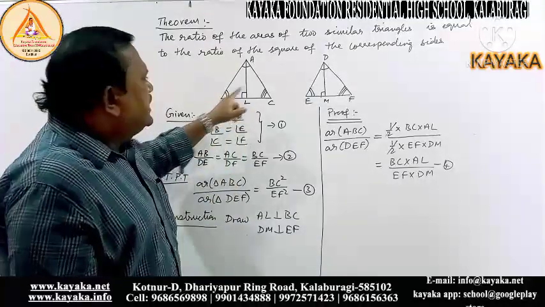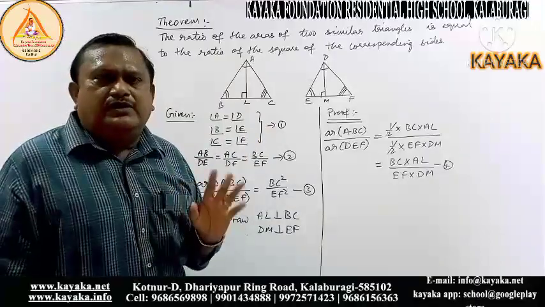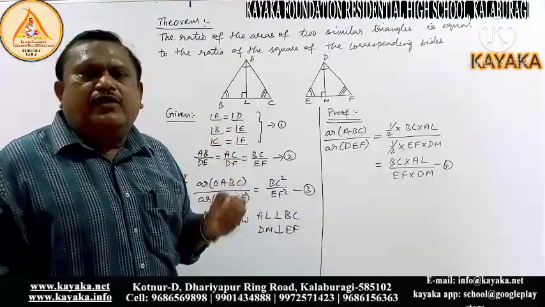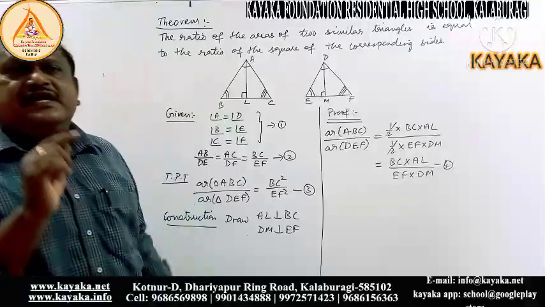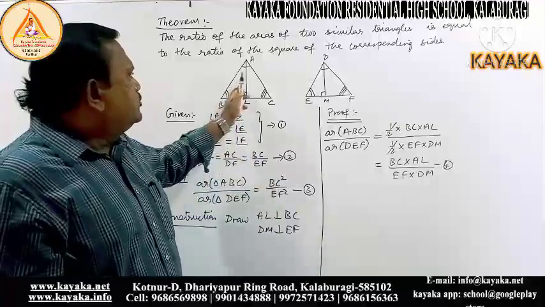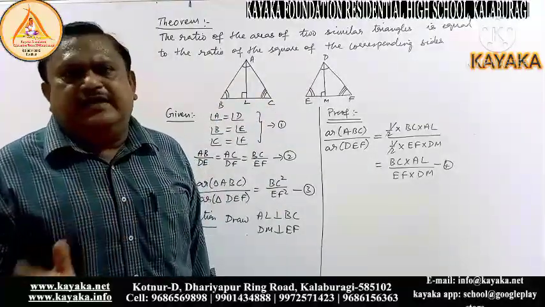And again angle B equal to angle E. See here, from 1 we know that angle B equal to angle E. Therefore, by which similarity criterion? Already we proved this theorem, that is the AA similarity criterion theorem. These two triangles will be similar.